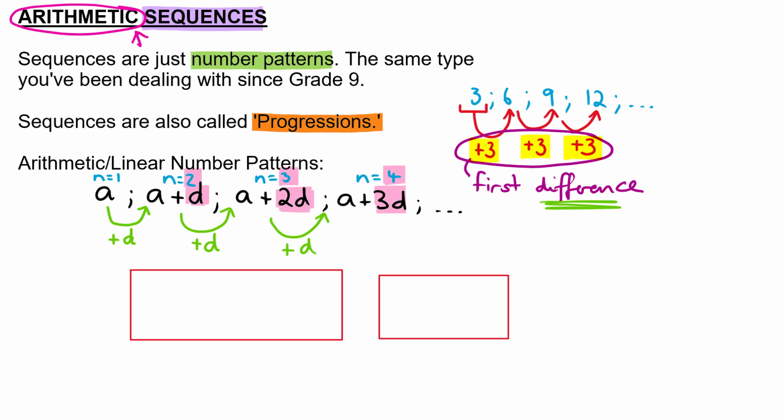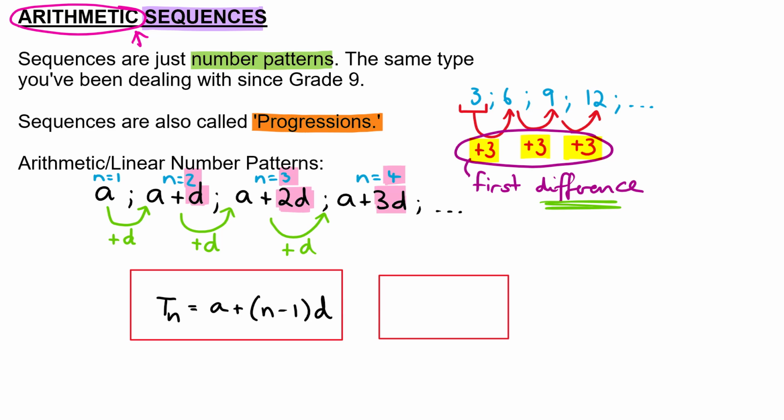And you can use this idea to help you with more complicated problems as we go on throughout this section. But just to define the general term for you then, again, going back to something you've dealt with before, is that Tn is equal to A plus n minus 1 times that difference D.